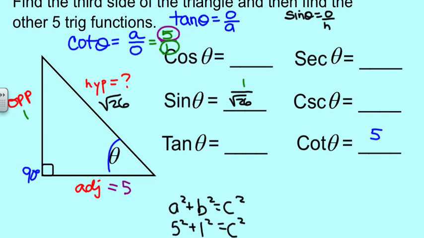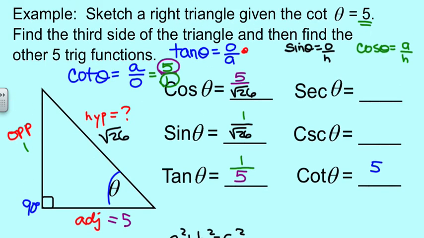Next one is cosine. Cosine, if you remember, is CAH, adjacent over hypotenuse. So adjacent is 5. Hypotenuse is square root of 26. The last one of the big 3 is the tangent. And tangent is right here, opposite over adjacent. Opposite is 1, and adjacent is 5.